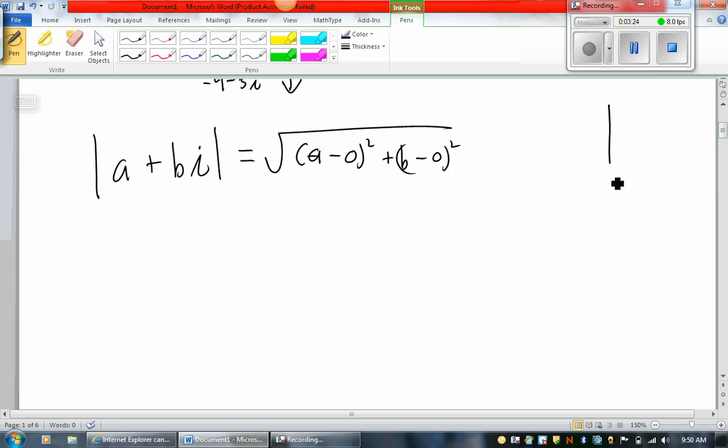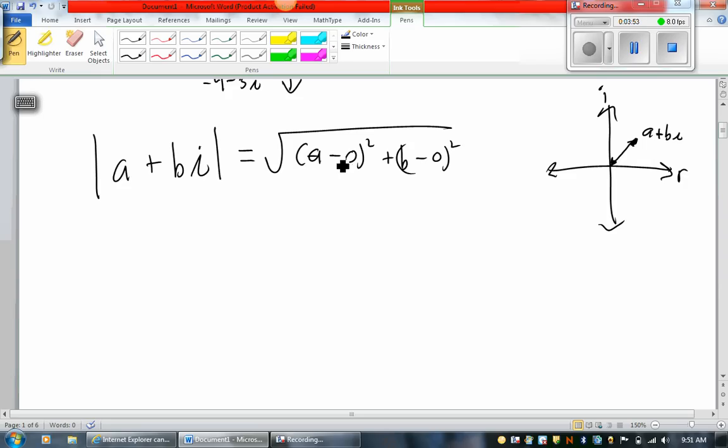And the way we're getting this is, remember, we have a graph. I'm just going to abbreviate this as real and imaginary. Say we have a point somewhere out here that's the point a plus bi. What we're concerned about is finding the distance from the origin to the point.